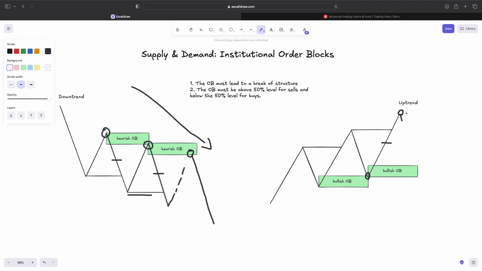So this is the 50% level there, and then we're going to wait for price to pull back all the way below the 50% level, and then we would have identified an order block. So if price taps into that order block, that's then and only then that we would start looking for some potential buying opportunities, because price is in an uptrend. So I just hope everything makes sense there. Now let's head on to a live chart and we see how to implement these concepts.